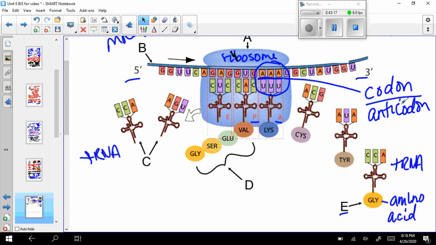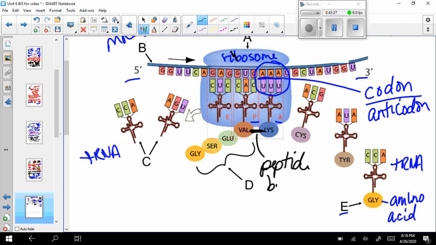They pair up accordingly, and when they do that, the amino acids are really close together, and right here they form a peptide bond. As they form a peptide bond, all of these are connected, so D is my growing polypeptide.